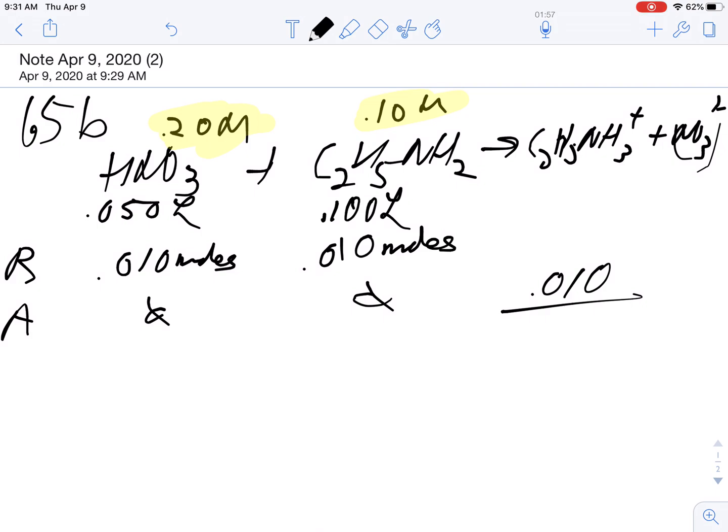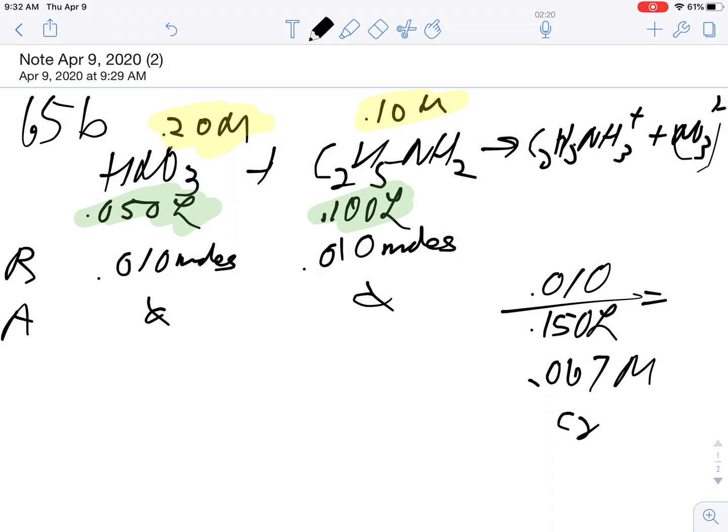So then my concentration of my weak base, I add my two volumes together. And so my concentration is 0.067 molar.